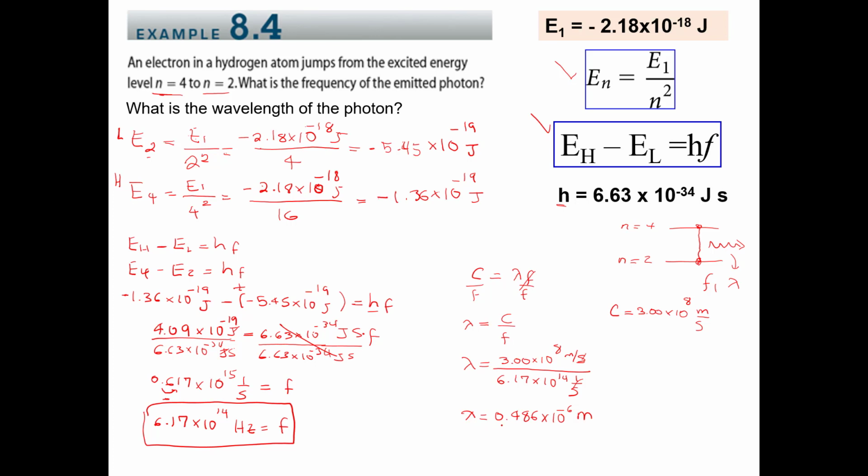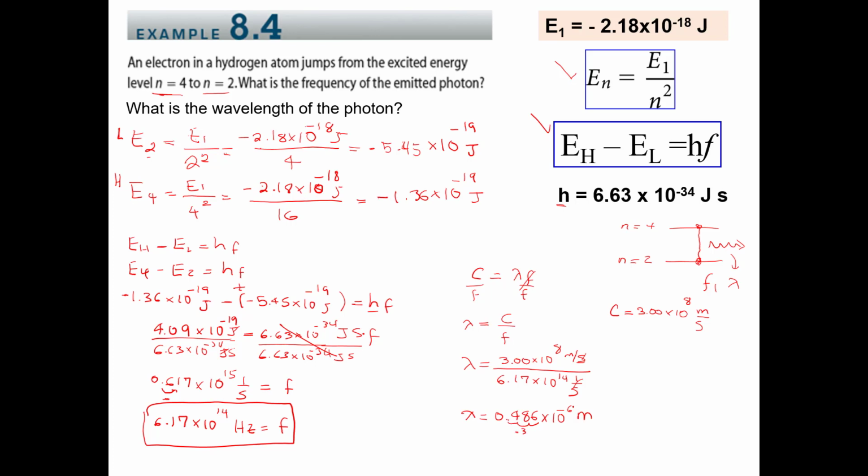Now, let's write this one in nanometers. We know nanometers is 10 to the power minus 9. To express this one in nanometers, we move the decimal place 1, 2, 3. Because we move to the right, we subtract 3, yes?